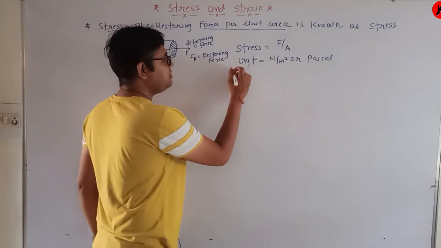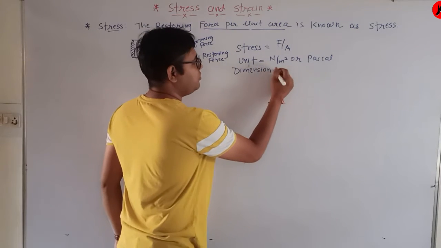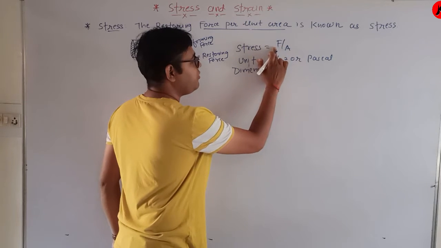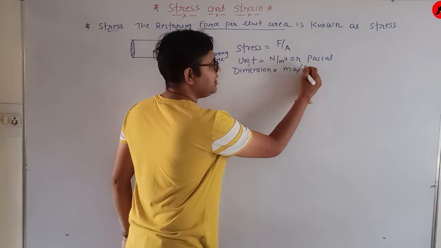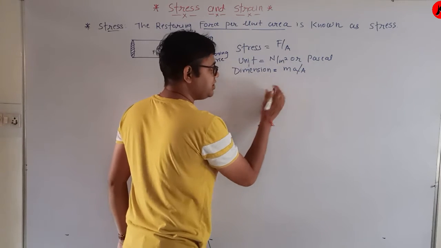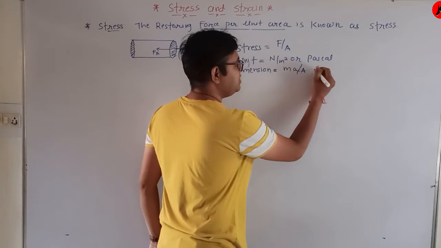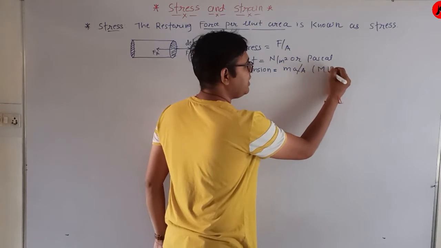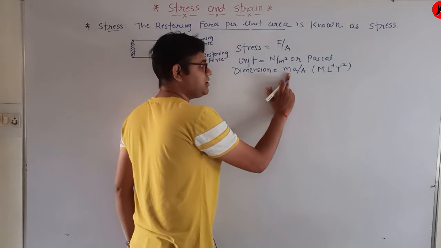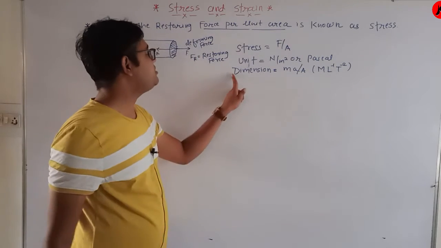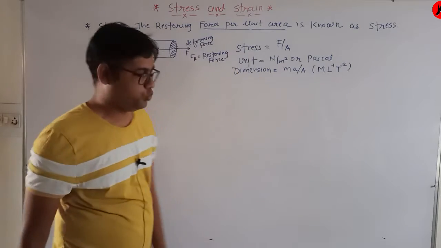And what is the dimension? And dimension for stress, here we have force F which is equal to mass into acceleration divided by area A, and from this equation you can easily write the dimension of stress is M L minus 1 T minus 2, right?